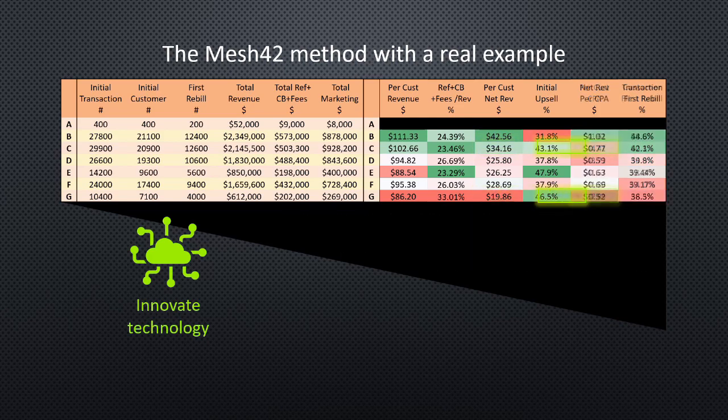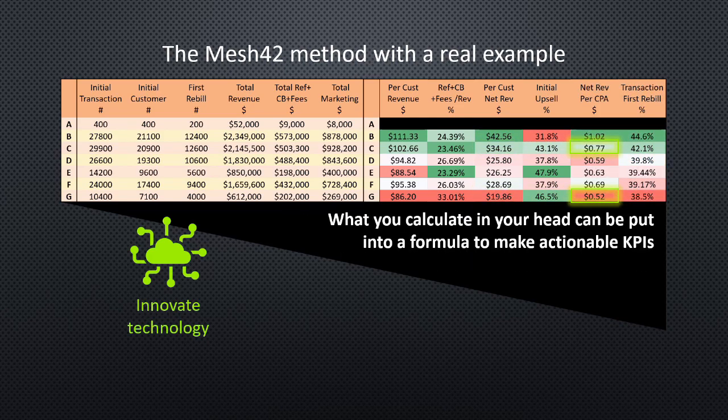The solution is using actionable KPIs, meaning there should be a clear action to be taken once a single KPI crosses a certain threshold. We have now created a KPI of net revenue per marketing dollar spent, essentially evaluating our marketing dollars from a return on investment perspective. This makes it very clear that C looks great and G is the worst marketing channel according to this KPI.